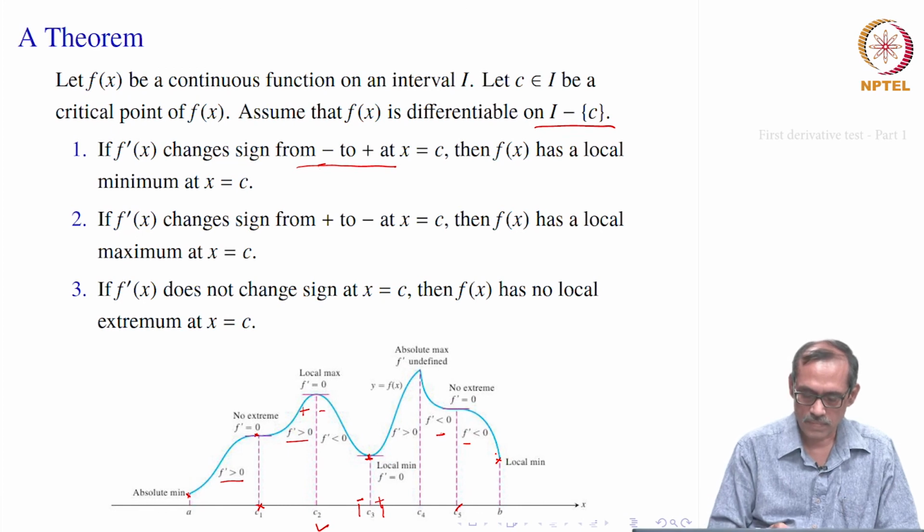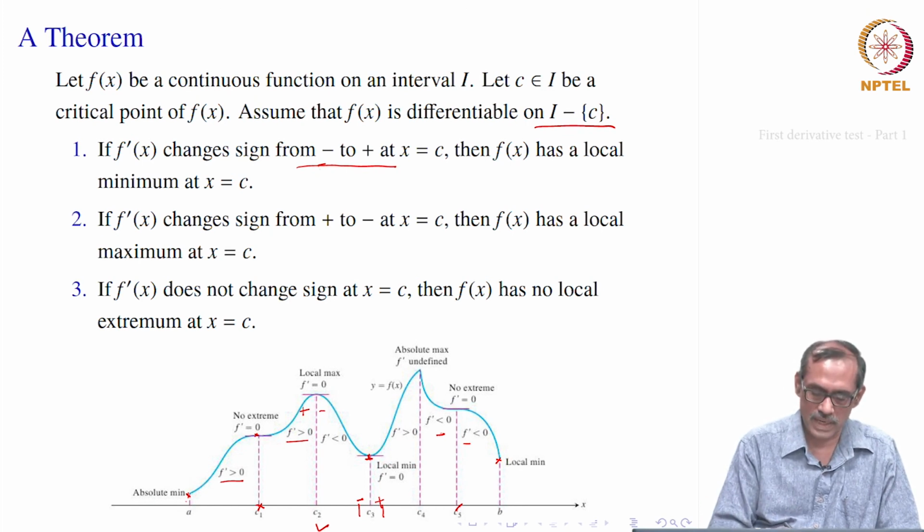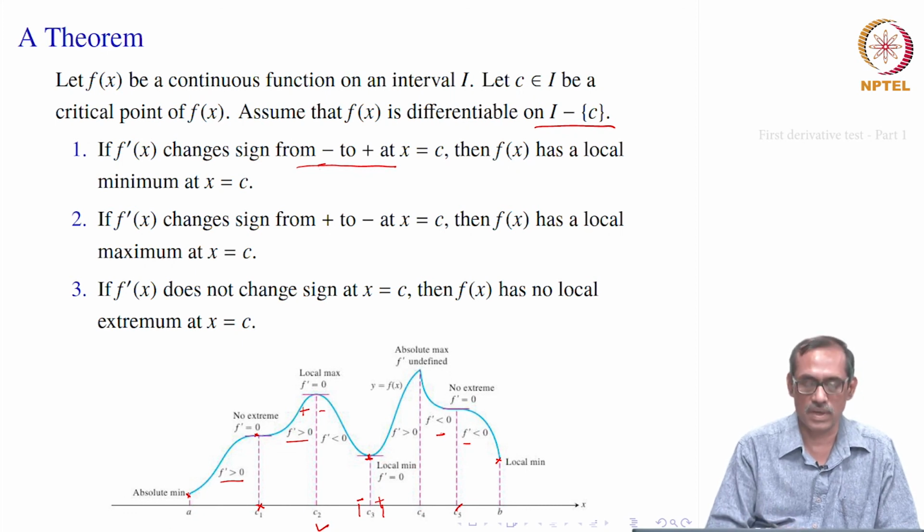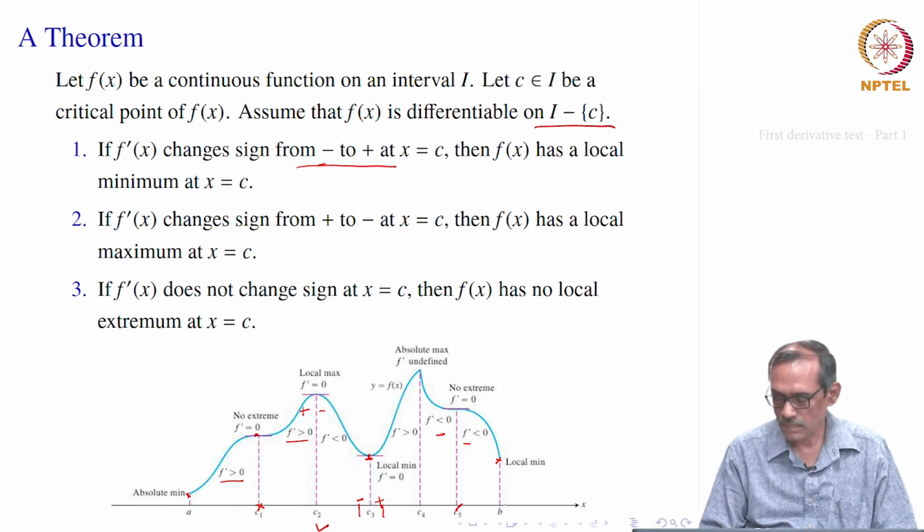What happens here? On the endpoints you do not have the notion of a two-sided neighborhood, only a one-sided neighborhood is there, right. So, on the left side here, for example, at A there is no neighborhood which is relevant to the domain of the function, but to the right there is a neighborhood A to A plus delta. Similarly, at the right endpoint we have the left neighborhood, we do not have the right neighborhood.